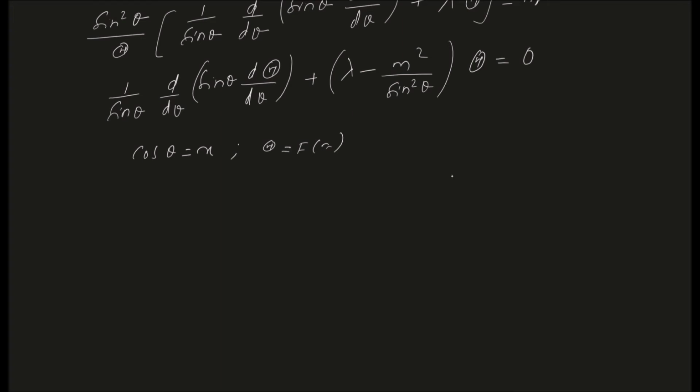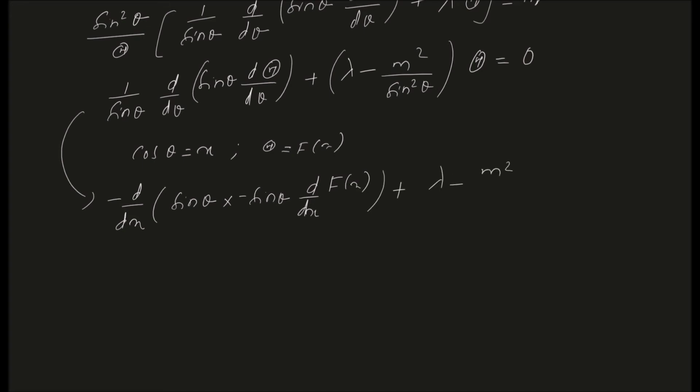This one will become, if you make the substitution, minus d by dx of sine theta into minus sine theta d by dx of f of x plus lambda minus m square by 1 minus x square into f of x is equal to 0.